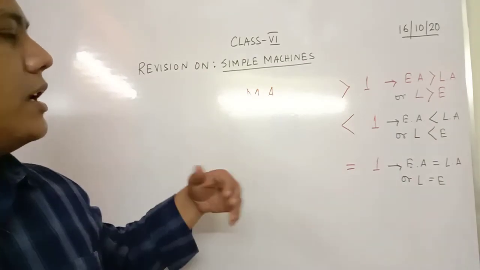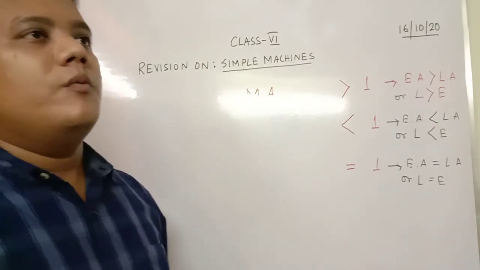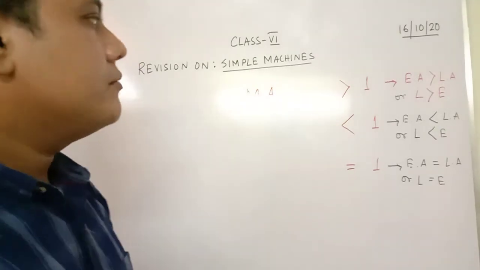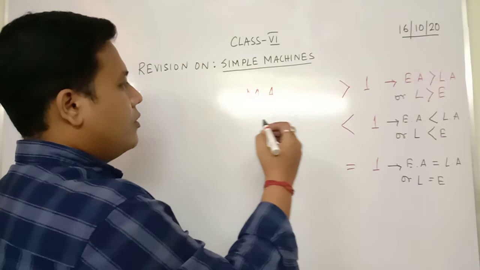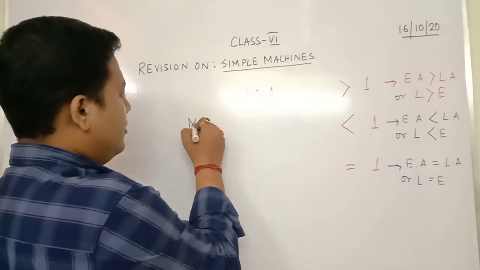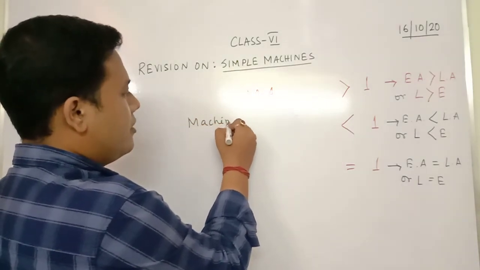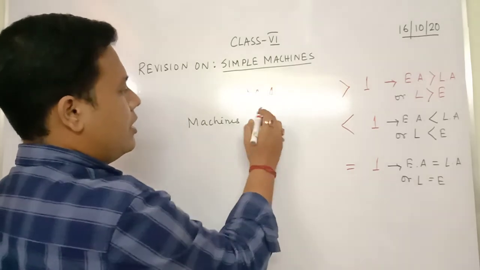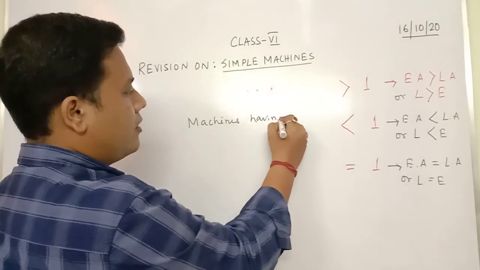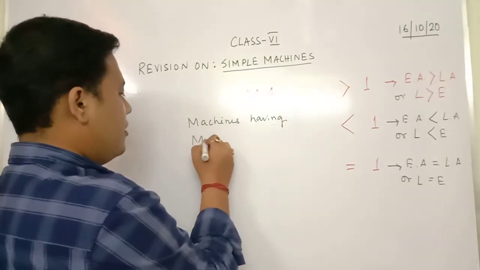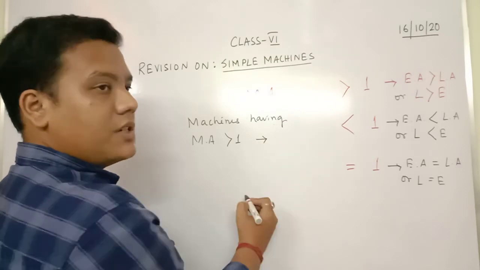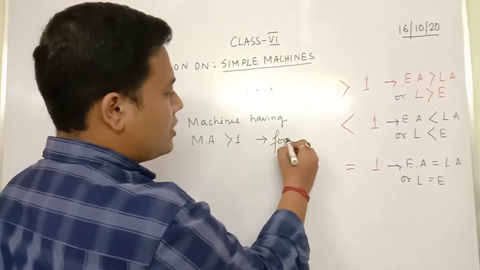And any simple machine which has mechanical advantage greater than 1, this type of machine will be called a force multiplier.